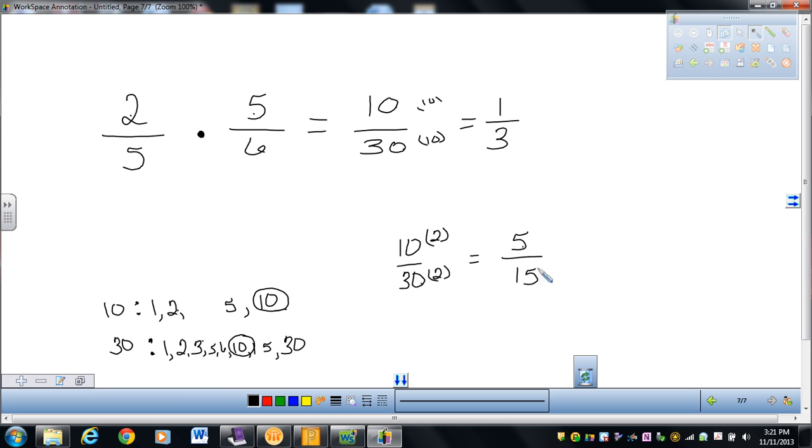I know that 5 goes into 15, so I can divide them both by 5 to reduce it even further. And 5 goes into 5 one time, and 5 goes into 15 3 times, which gives me the same answer. But to make it easiest, of course, you always want to do the greatest common factor.